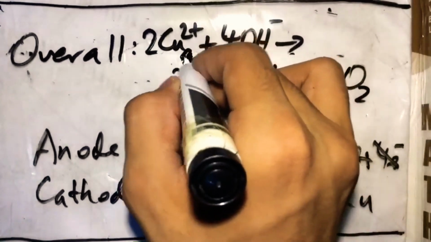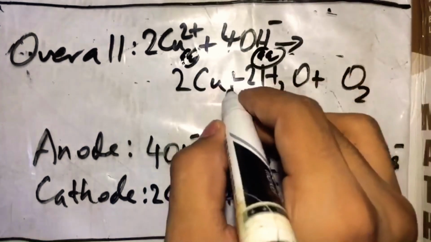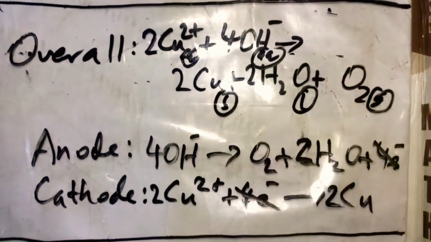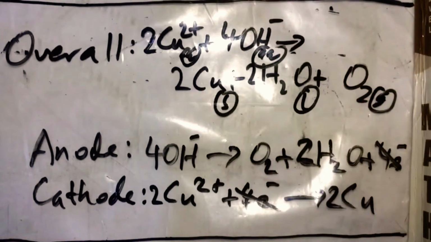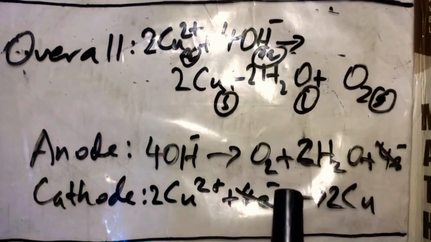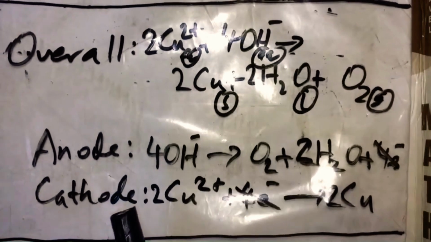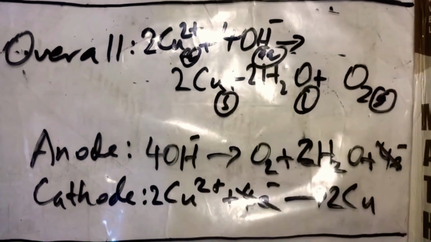These are aqueous, this is solid, this is liquid, and this is gas. Now in this case, the observations: at the anode, bubbles of colorless odorless gas are produced, which is oxygen. At the cathode, copper atoms, a pink mass, is formed, that is copper.